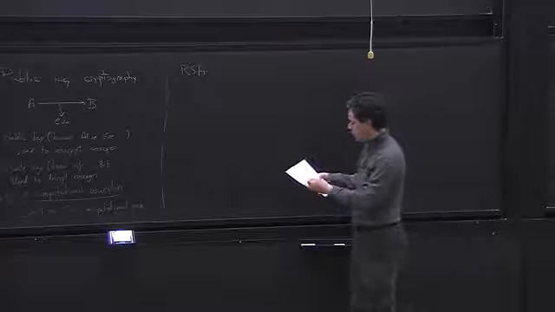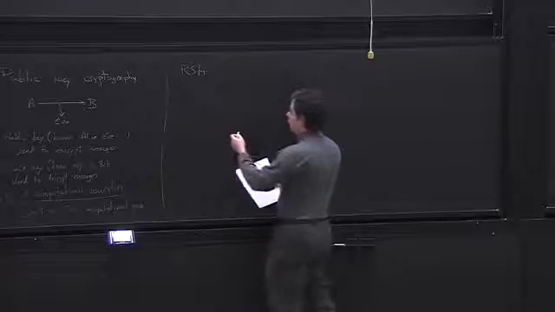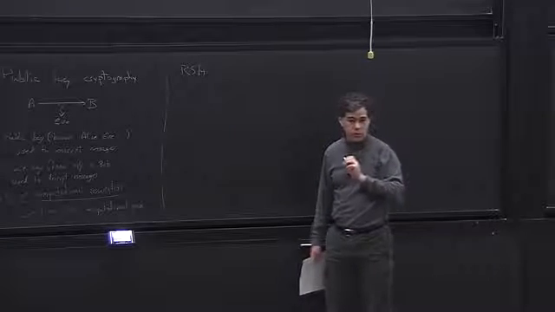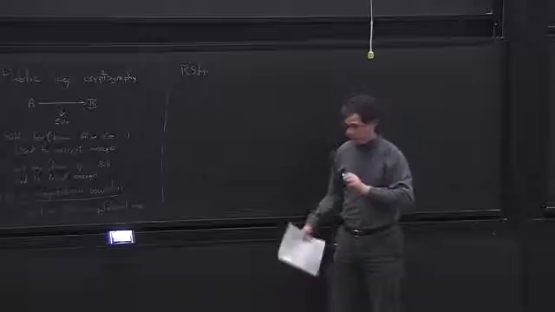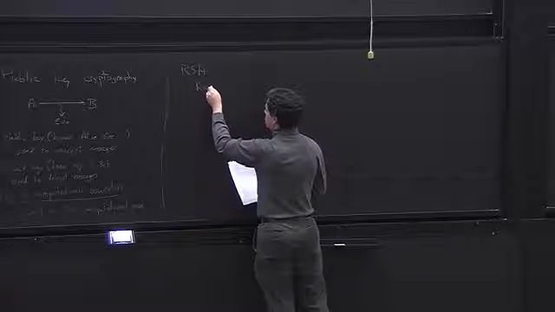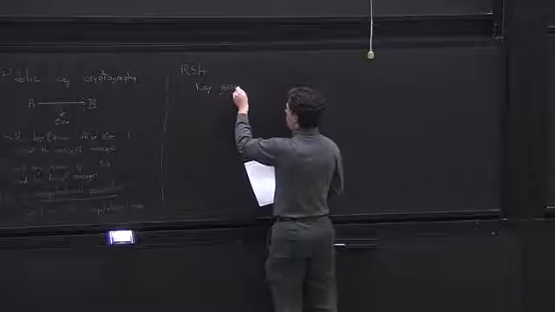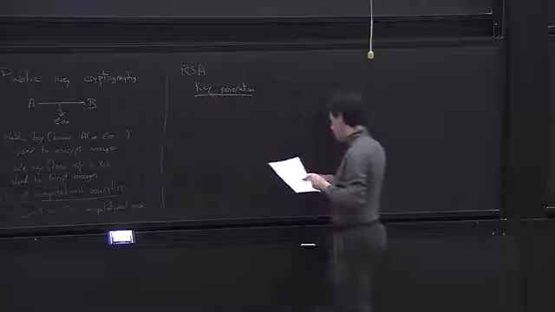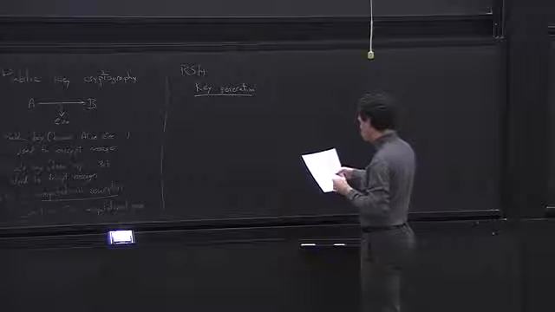So RSA, like I said, is based on the hardness of factoring. And in particular, what it works on is modular exponentiation. So for the key generation step, this is before any message is sent.